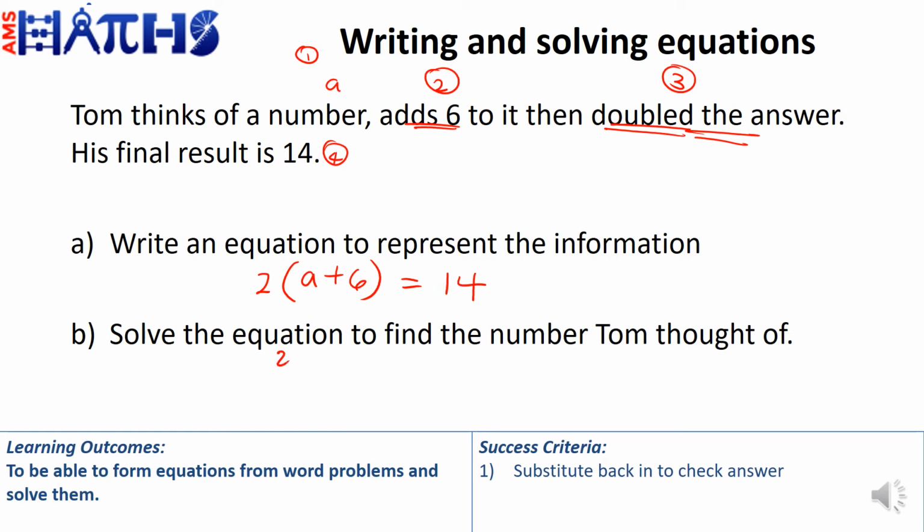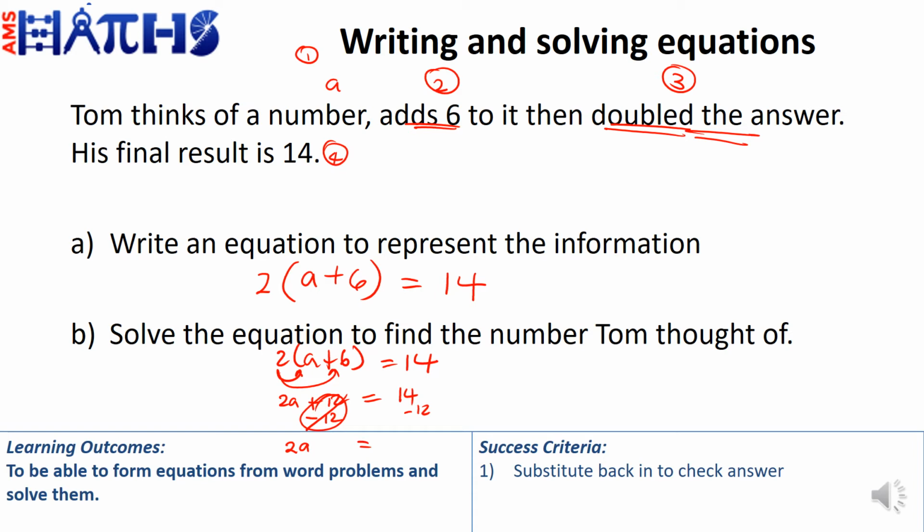So now we've done questions with brackets before, so we should be able to solve. So first thing is to expand our bracket. 2 times A, 2A. Then 2 times 6 is 12. And that gives us 14. And now we will solve by subtracting 12 on both sides. 12 minus 12 is 0, gives us 2A on the left.